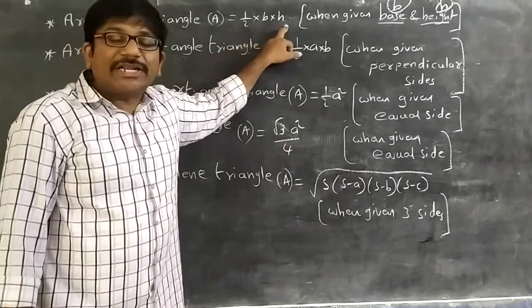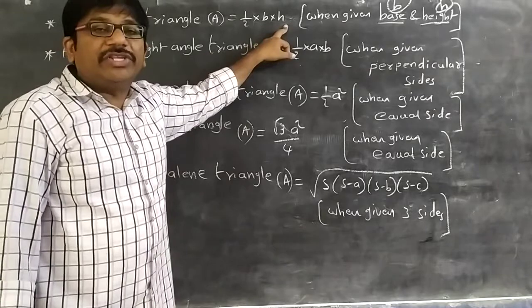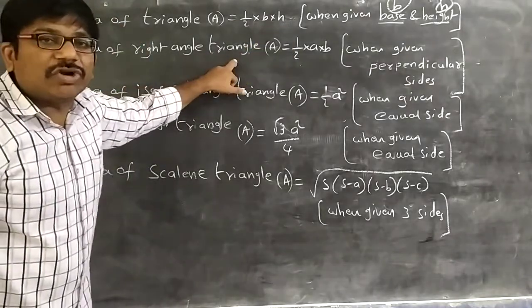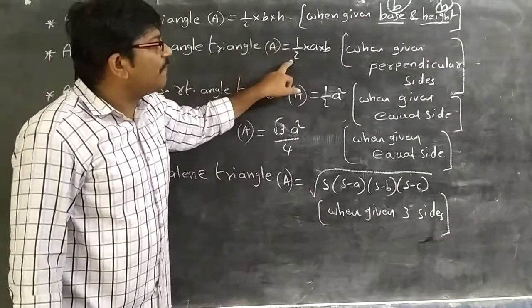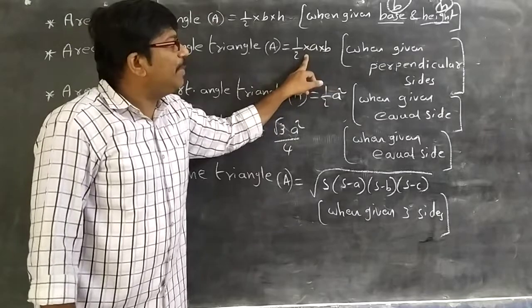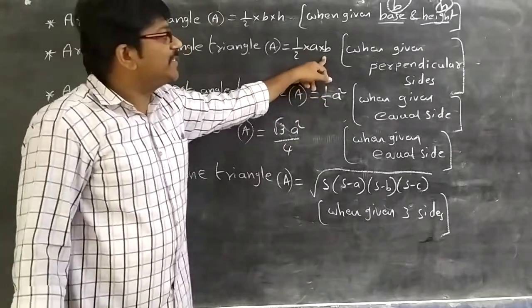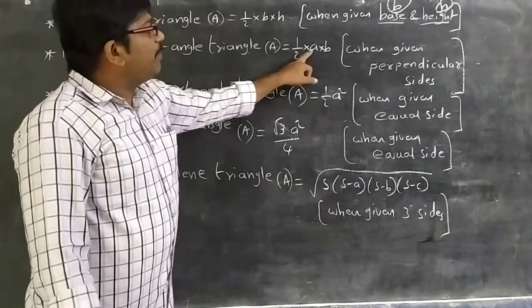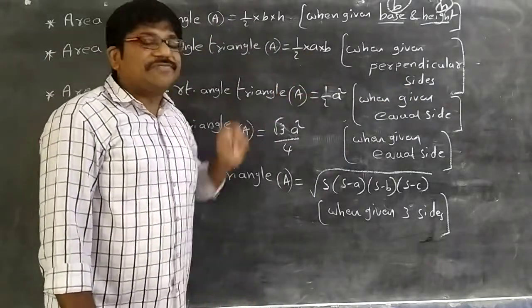Here base and height are perpendicular to each other, right? And next, area of a right angle triangle A is equal to half into A into B. So A and B are perpendicular sides. When given perpendicular sides, we use this formula, right?